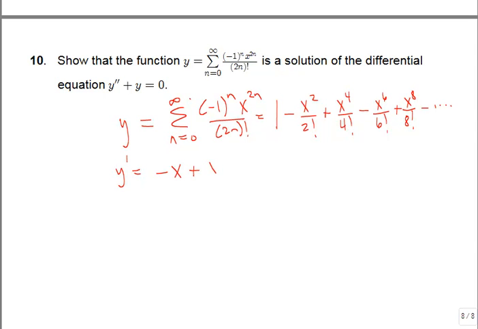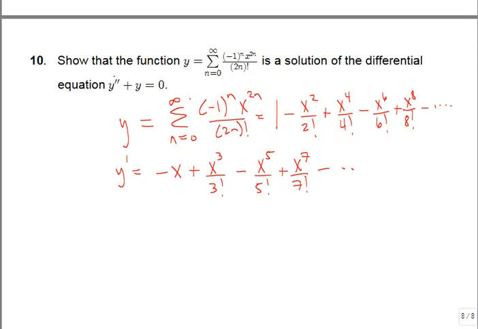So this will become an x cubed over 3 factorial. And then the next term, when I bring down the 6, the power goes down by 1, and I lose the 6, but I keep the 5 factorial. And when I bring down the 8 here, same idea. Now I have x to the 7th over 7 factorial. So here I had all even powers. When I take the derivative once, I have all odd powers.